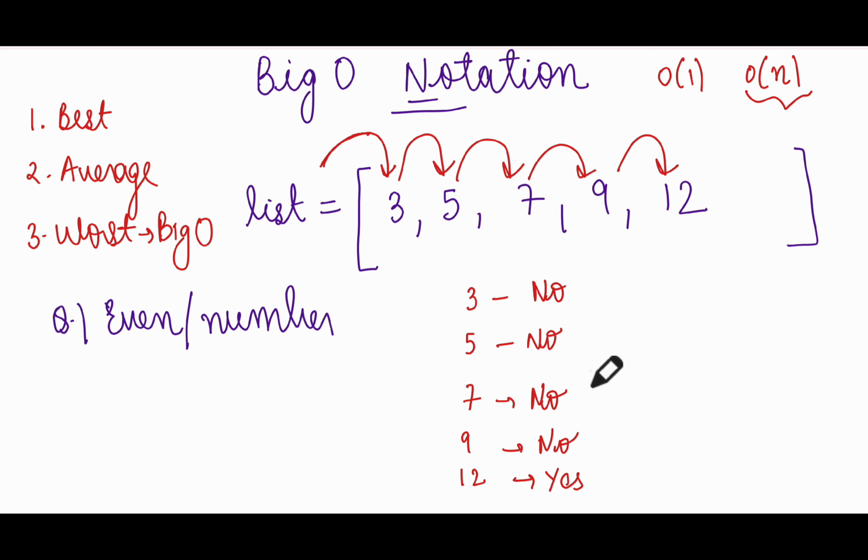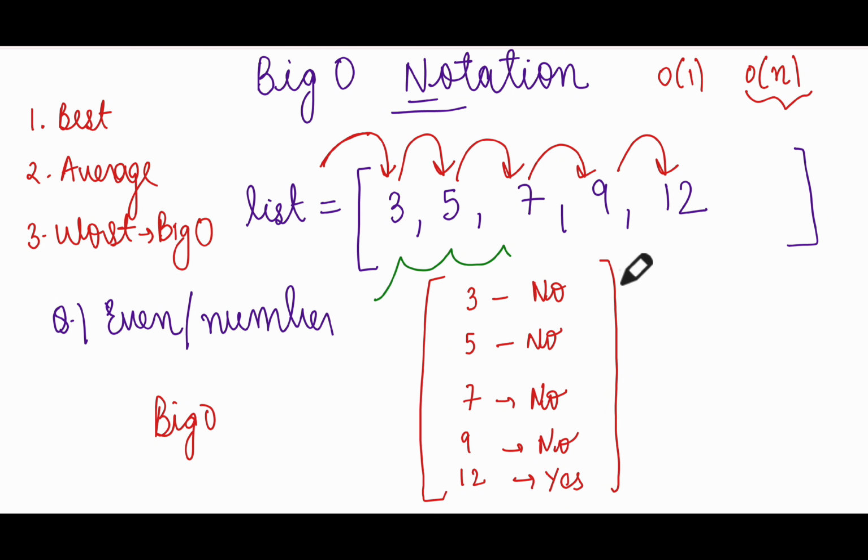So to determine whether this list contained an even number or not, in the worst scenario, so now there could be a scenario that this 12 number was present here, correct? But if you remember, big O means the worst time complexity. So to exactly tell whether this list contains an even number or not, you will have to propagate through all of the elements one by one till the end.